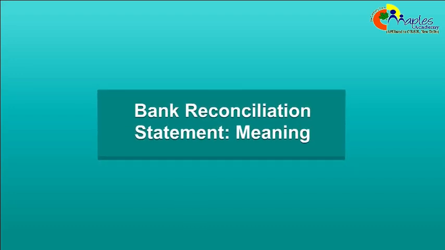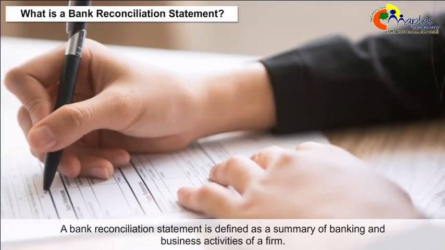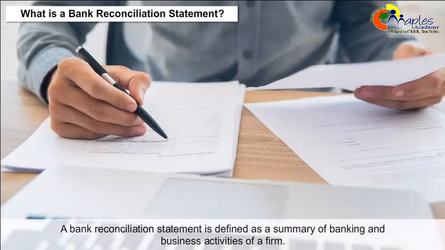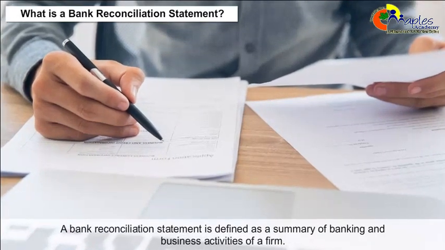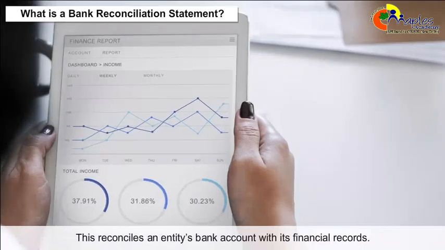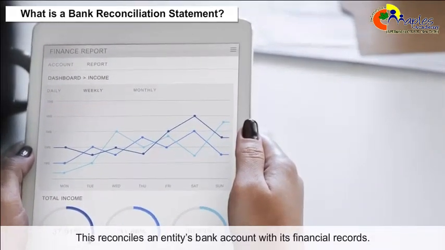Bank reconciliation statement. Meaning. What is a bank reconciliation statement? A bank reconciliation statement is defined as a summary of banking and business activities of a firm. This reconciles an entity's bank account with its financial records.